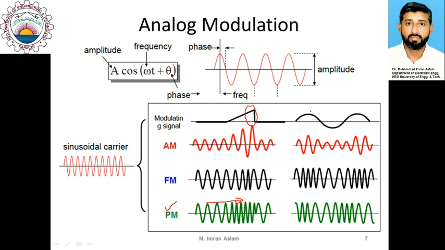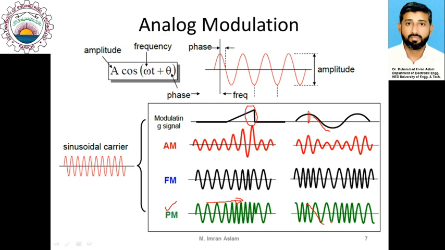Similarly, in this example, at the higher values you have some phase, but as the values go towards a lower value, the phase starts shifting towards a relatively lower value. So we see a shift in the phase of the sinusoidal carrier as we change the amplitude of the modulating signal.